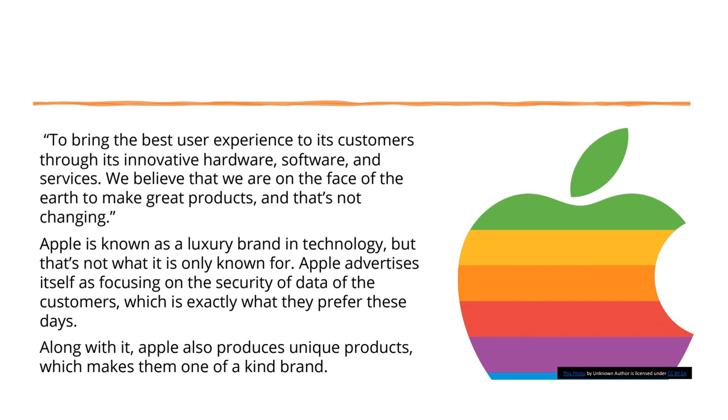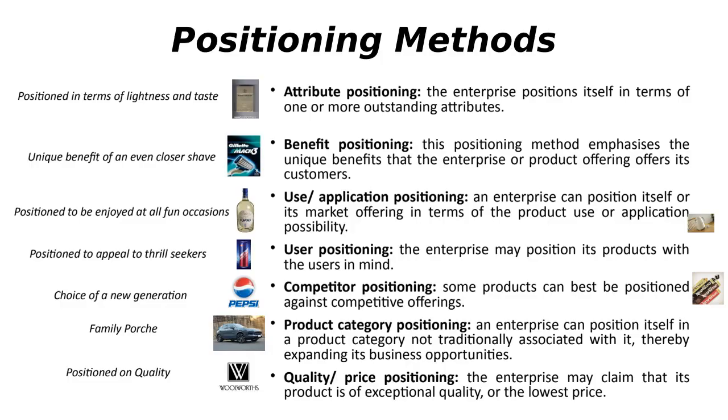So again, something we know because it's a very significant brand. What is important for you guys, for your POE, is to note that there are different positioning methods that can be used. And marketers use one or two of them, but all products are positioned in one way or another.